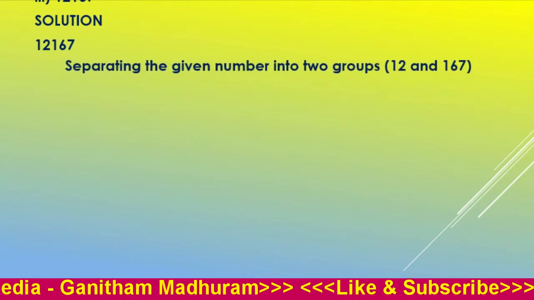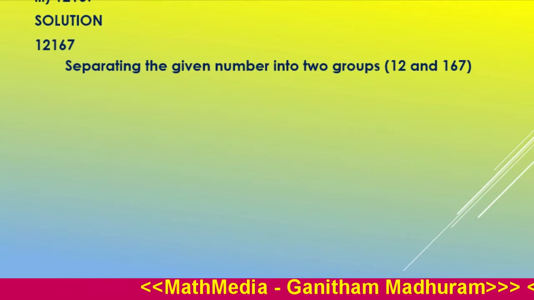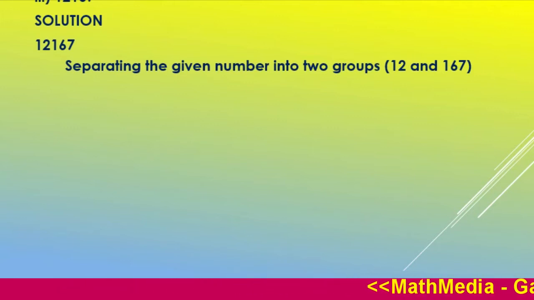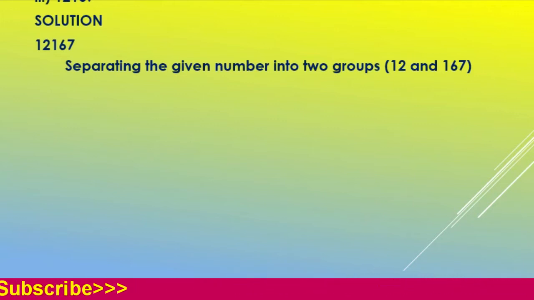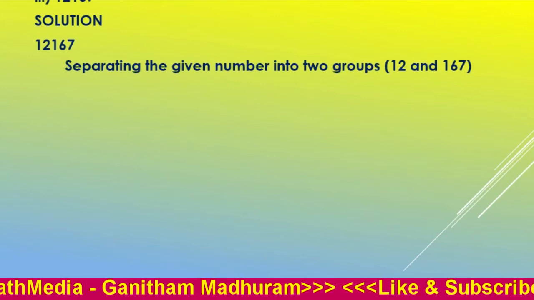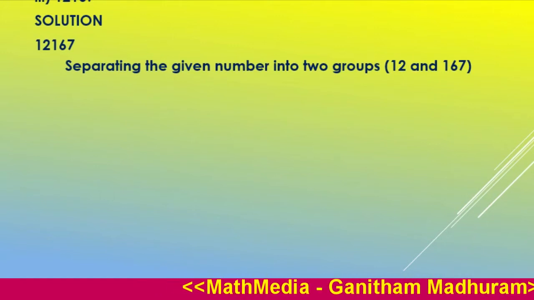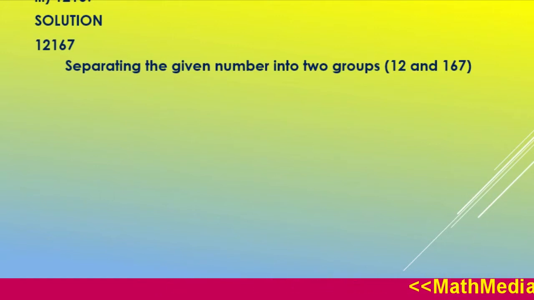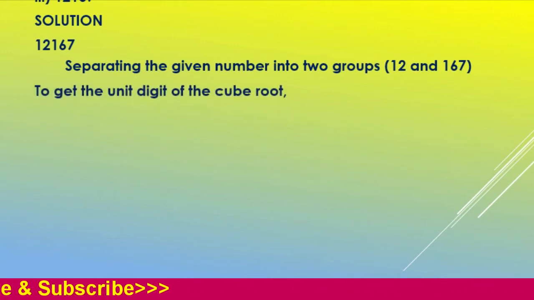So here our first group is 167. The first group means the group which lies on the rightmost side, which occupies the unit place. So take the first group.